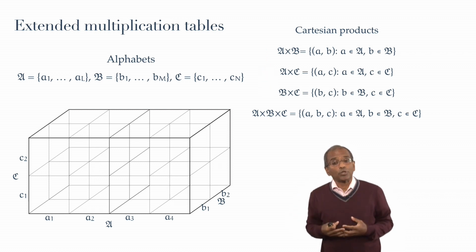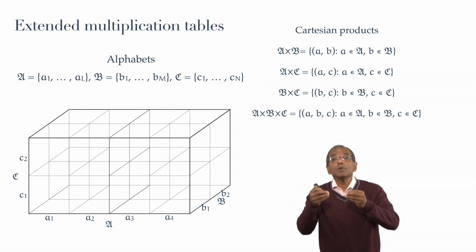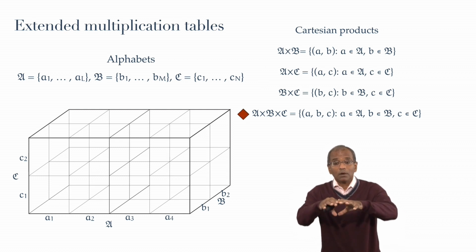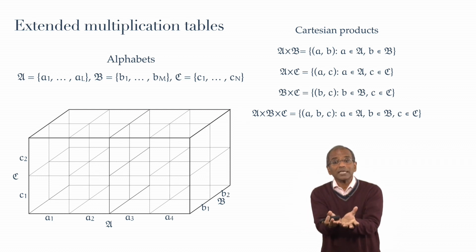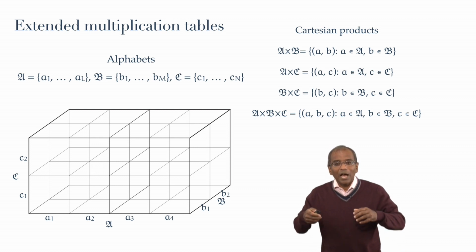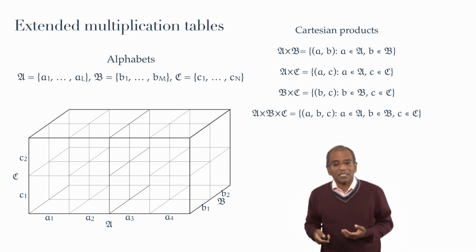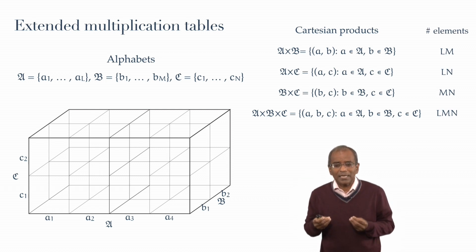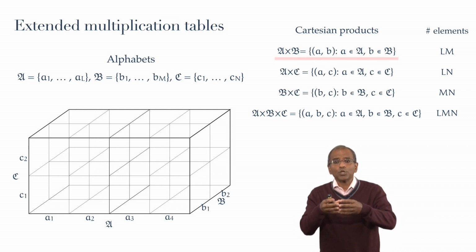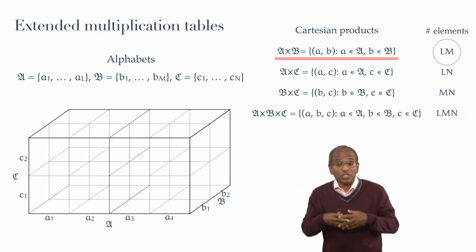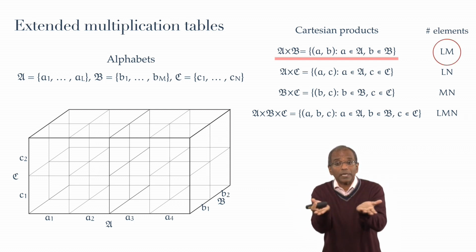Now, of course, there's one more possibility, an ordered triple of possibilities, A, B, C. And in this case now, we've got all possibilities for cutting and dicing these three alphabets. Our question now is, how many ways can we cut and dice in this fashion? And our very basic, elementary principle of counting tells us that the number of ways we can arrange ordered pairs A and B is L times M. It's just a multiplication table of possibilities.